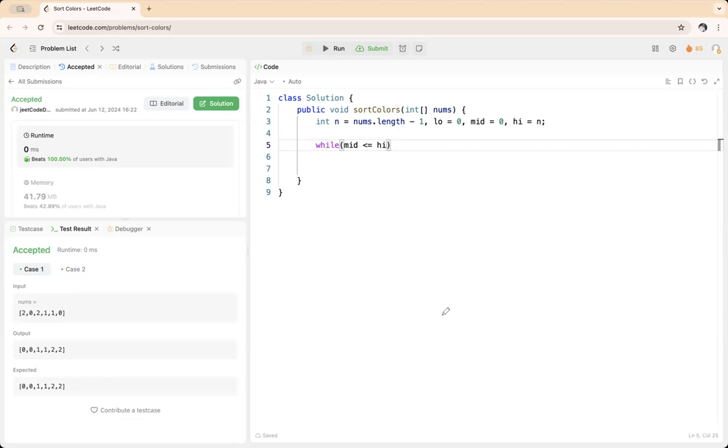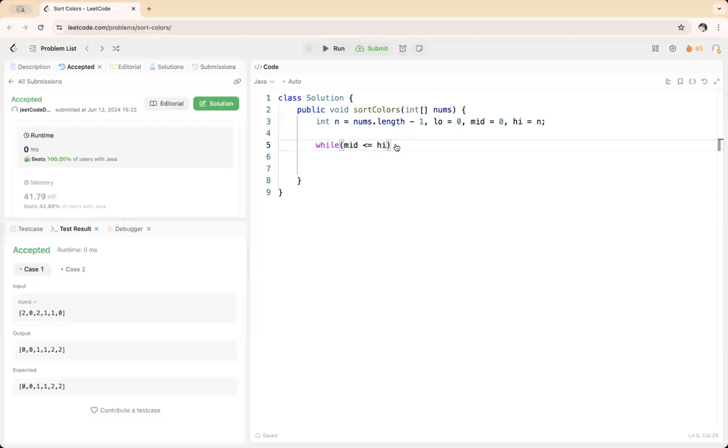So suppose high is pointing to some 0 value, and if we have the condition mid is less than high, then we will not be reaching the high point. We'll always be going below that. But we need to process the 0th element which is at the last index. That's why we have to have mid less than or equal to high.